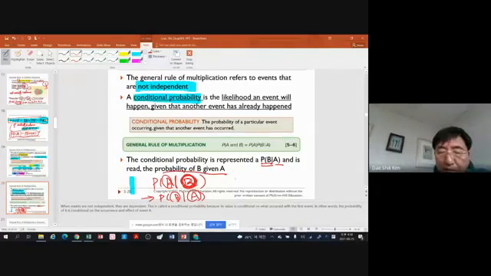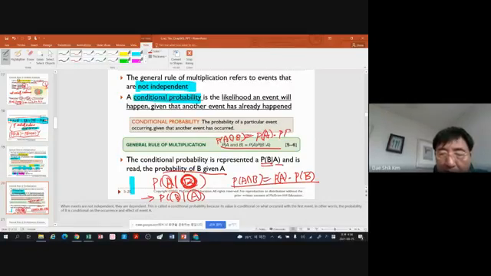So P(A and B) is P(A) times P(B) if A and B are independent. If they are not independent, you should follow this: P(A and B) is P(A) multiplied by P(B given A), or P(B) times P(A given B).